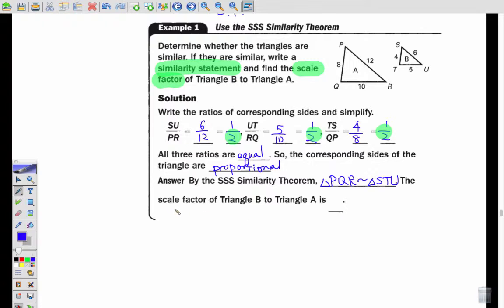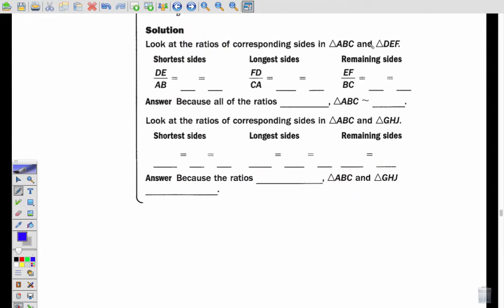And the scale factor of triangle B to triangle A, remember, is 1/2. It has to go from this side to that side. As you can tell, when this is 1, this is 2, twice as big. Okay, so not much new concept other than the scale factor, which is just the ratio between the corresponding sides.